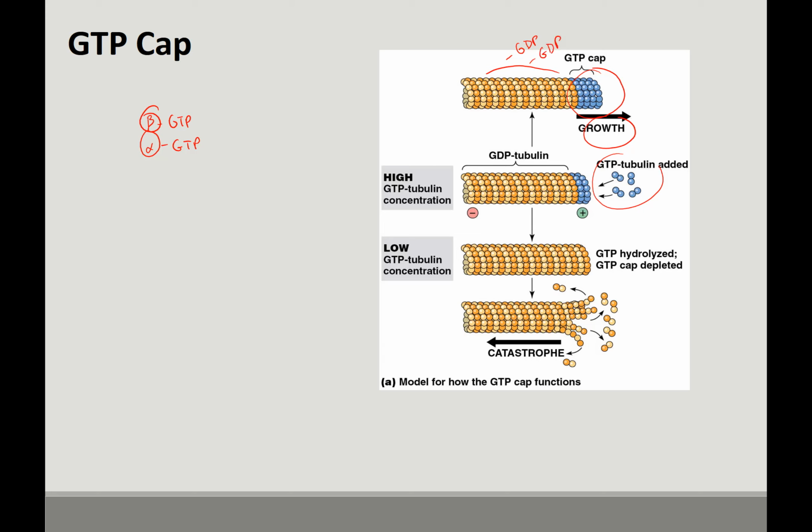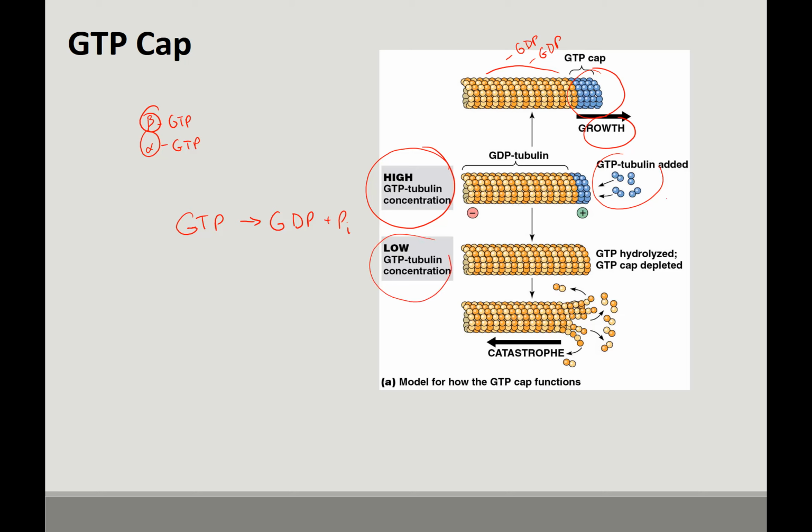So remember, GTP can be hydrolyzed to GDP and inorganic phosphate, just like ATP. And then they're not going to be added as rapidly as the GTP tubulin. So when you have lots of GTP tubulin, you get growth.